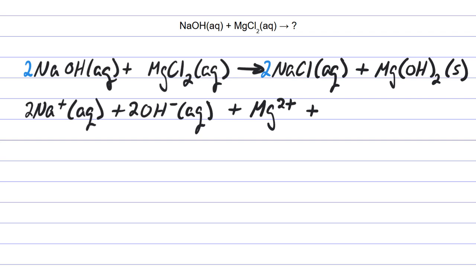I'm going to go ahead and put that in there. This magnesium is aqueous. Those ions are dissolved in water. And I have 2 chloride ions that are also aqueous.